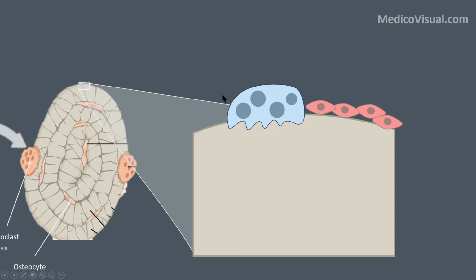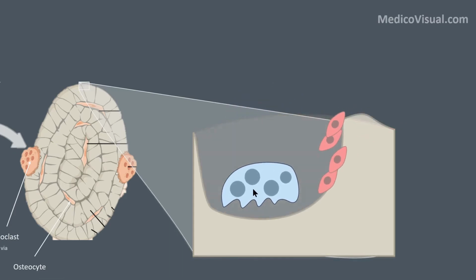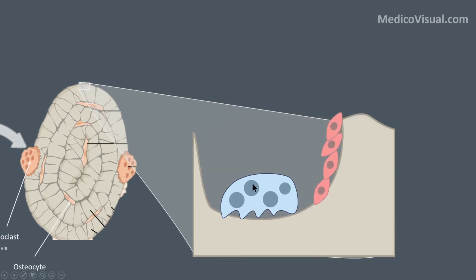And these innocent osteoclasts will perform their normal job. These are hardworking cells. They will cause bone resorption. Now we would expect that osteoblasts will lay down a new bony matrix, but these are neoplastic cells. They won't do so. They won't form new bone as happens normally.